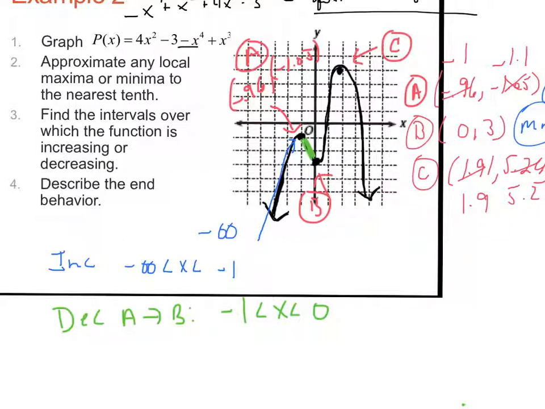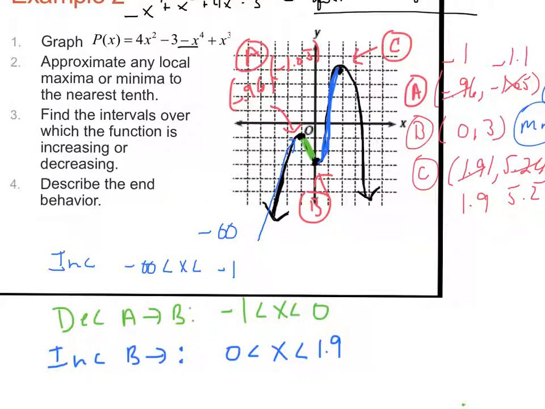Okay? So the next interval is going to be from B to C, and I'm going up. So I'm going to be increasing from B to C. And so that interval, we write it using our x values, is going to be from when x is greater than 0 but less than 1.9.